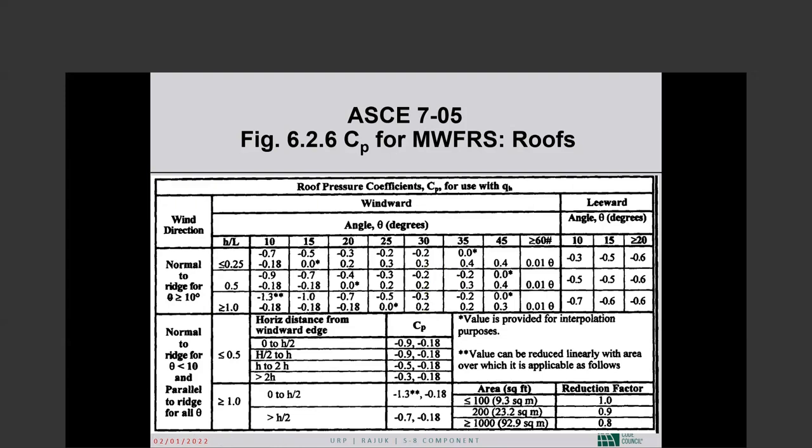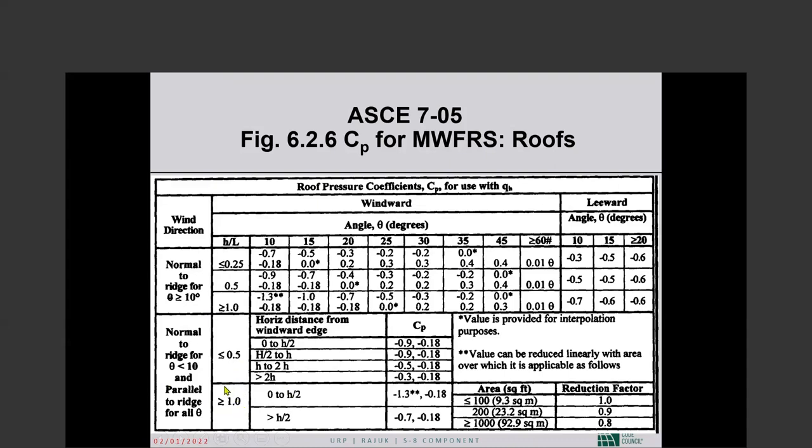The upper half is wind normal to the ridge for steeper roofs, theta exceeding or equal to 10 degrees. The lower half, normal or parallel to the ridge or normal to the ridge for flatter roofs. Here, there are some interesting things that happen.